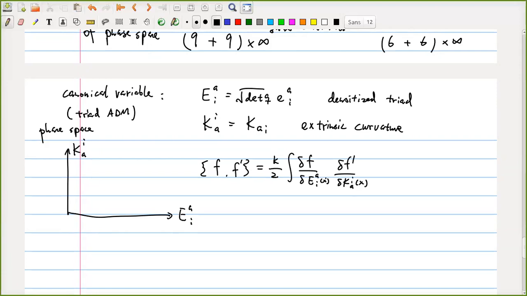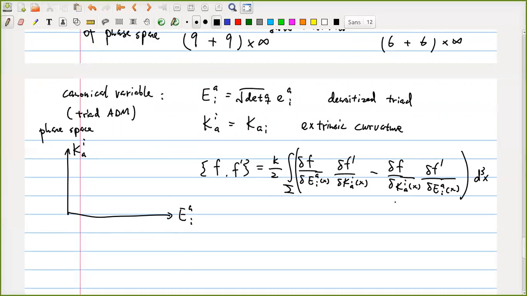Here i and a are summed, just like x is integrated, d^3x integrated over sigma.